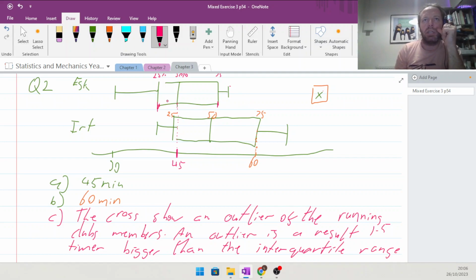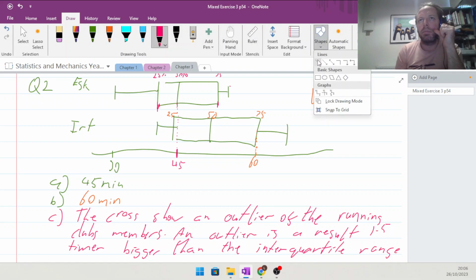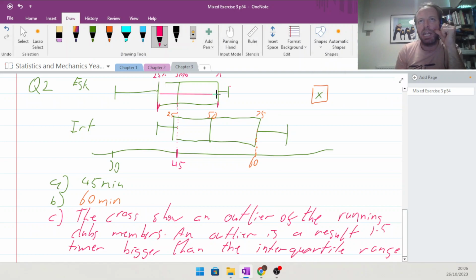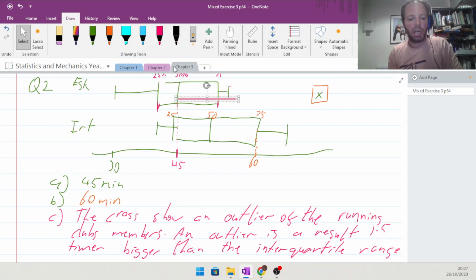So you're allowed that box plot length from the median, plus half of that length again, and any result further than about here is considered an outlier.